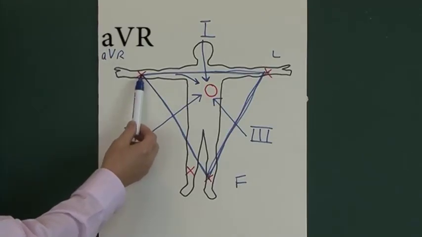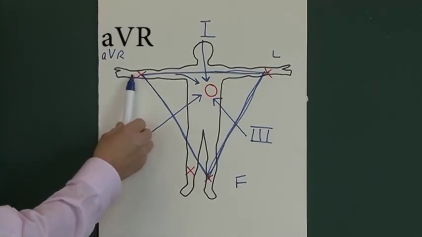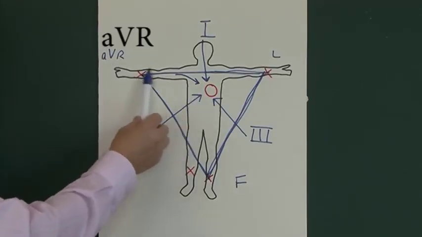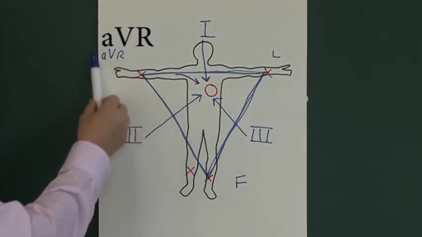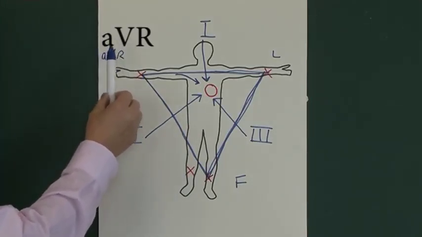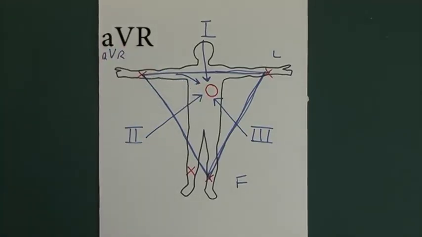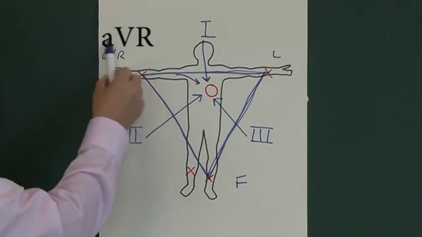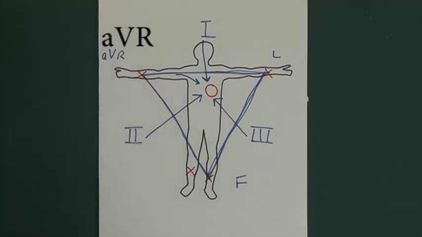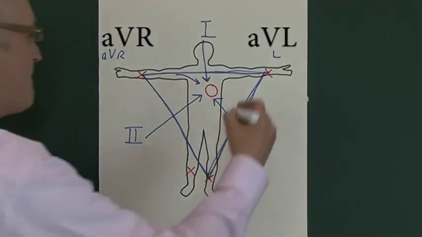Now the voltage is already there, it's picked up here, but the way I think of it is because it's a long way from the heart, it needs a bit of a boost. So it's augmented voltage right, looking at the heart from this side, and this is just a one pole view. It's a unipolar electrode.